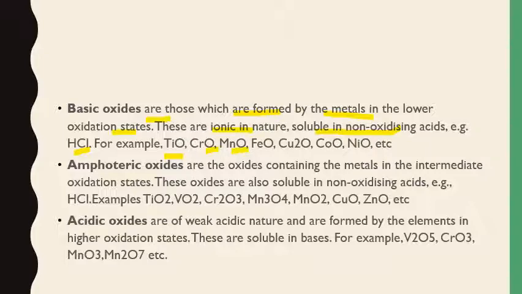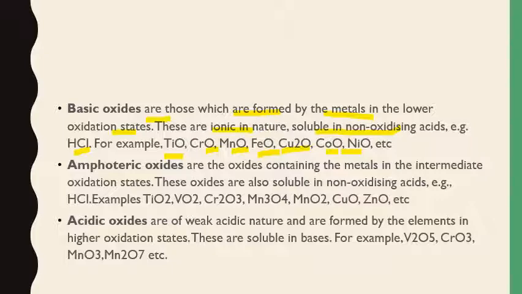Understood? And here are ferrous oxide, cobalt oxide, nickel oxide. So at the lower oxidation state, each one of the transition elements has a basic nature because they are ionic in nature.